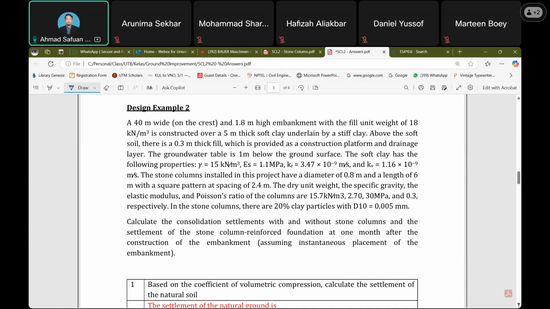Okay, now we move to example number two. So we have solved the problem related to the bearing capacity.